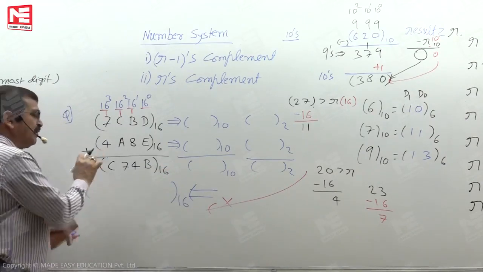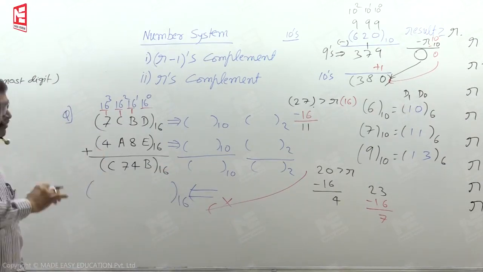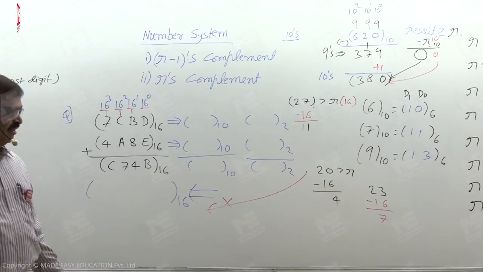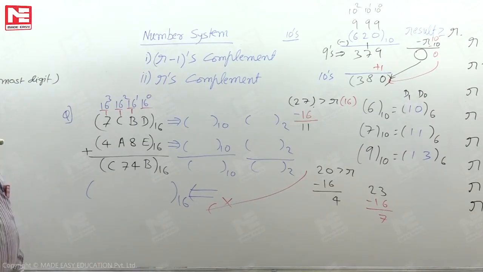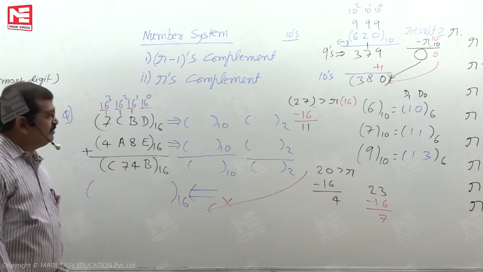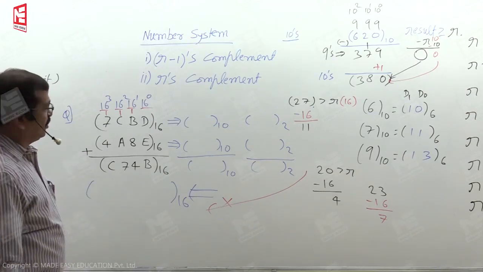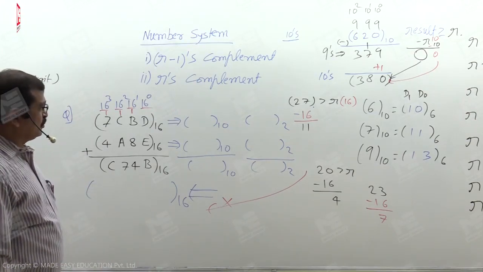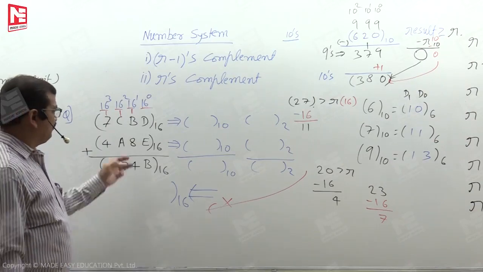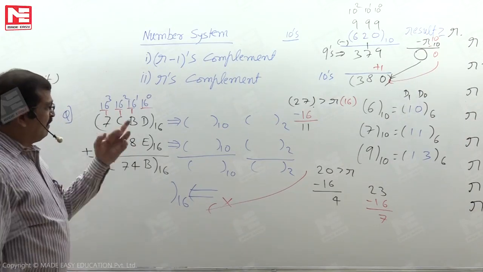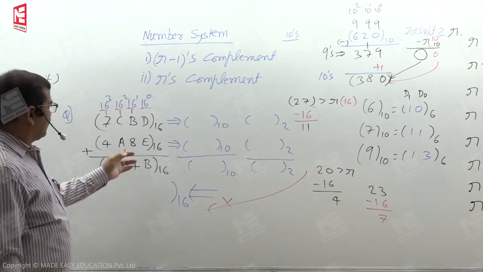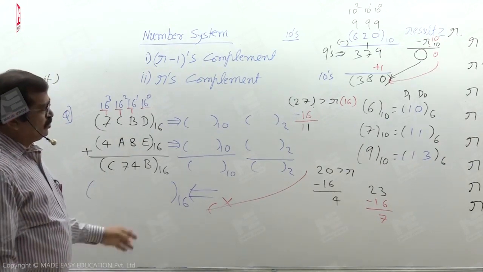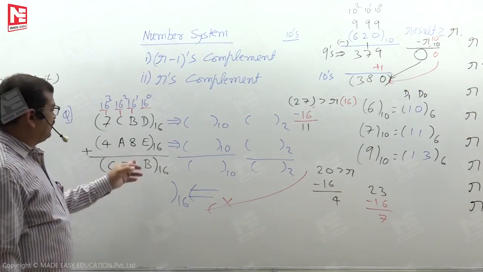As said, if any numerical mistake happens, rectify it yourself and try the work. The important thing is knowing the procedure. So let me recap. D is 13, E is 14, so 13 plus 14 is 27. We forwarded a carry, and from 27 we subtracted 16, giving 11, which is B. B plus 1 is C, which is 12. 12 plus 8 is 20.